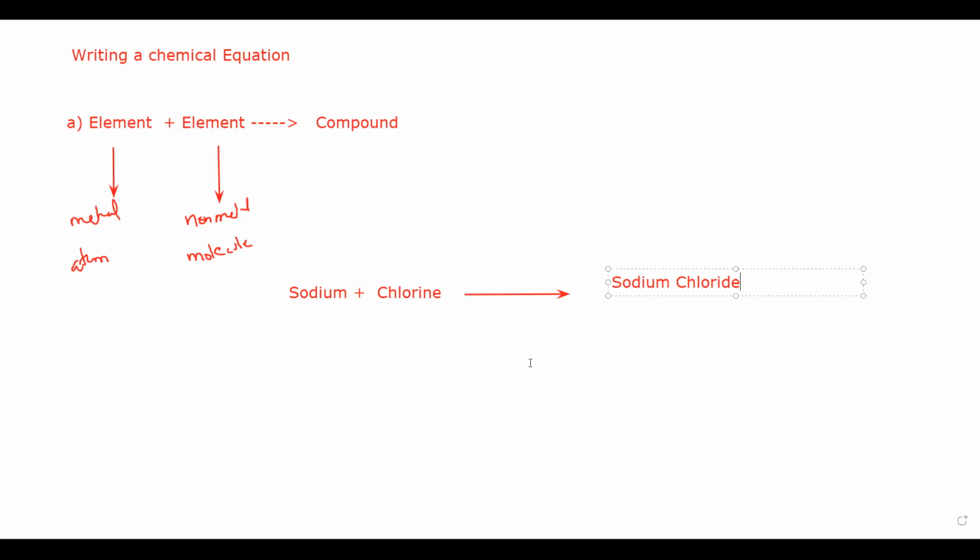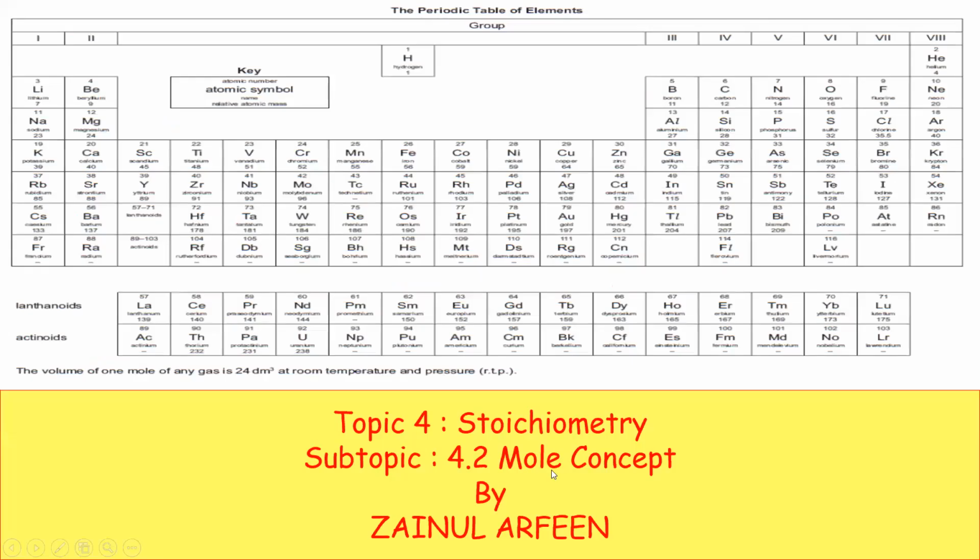So the first part of the equation is to complete the equation, and then the second part is balancing the equation. Now to complete the equation, we have the sodium element. And what is sodium? When we check the periodic table, sodium is Na.